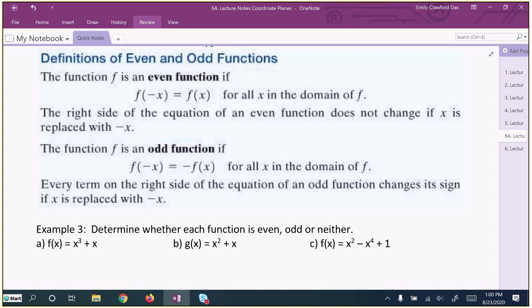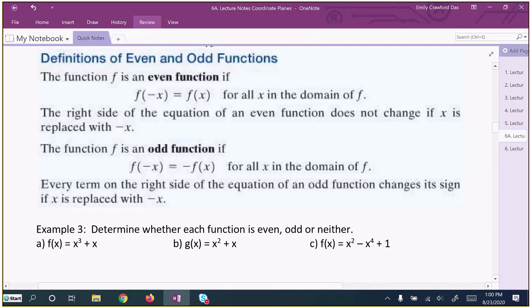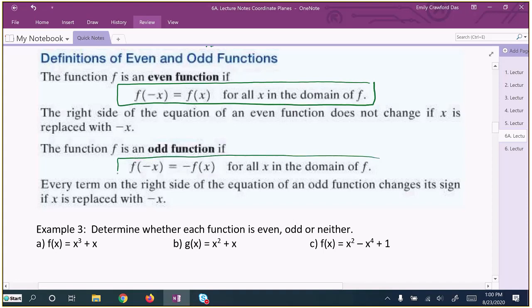So the thing that we just have to remember is this definition of an even function and this definition of an odd function.